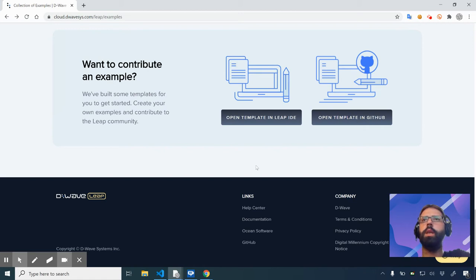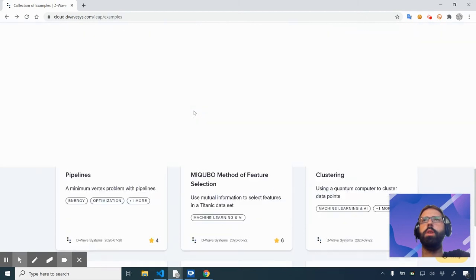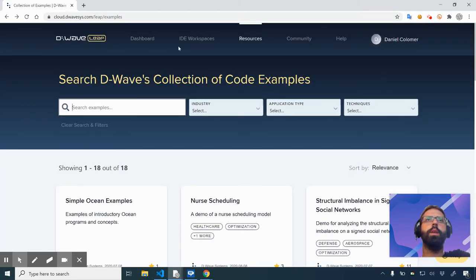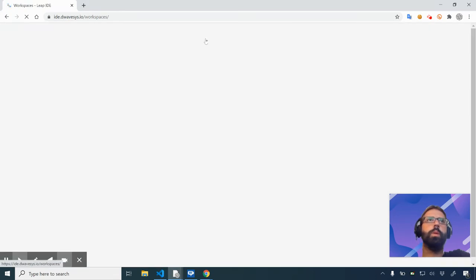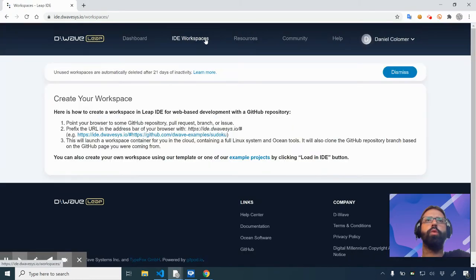In Leap IDE, what is this? Contribute, Leap community, IDE workspaces. Create your workspace. Here's how to create a workspace in Leap IDE for web-based development with a GitHub repository. Point your browser to some GitHub repository, pull request, branch, or issue, and prefix the URL in the address bar of your browser with this.